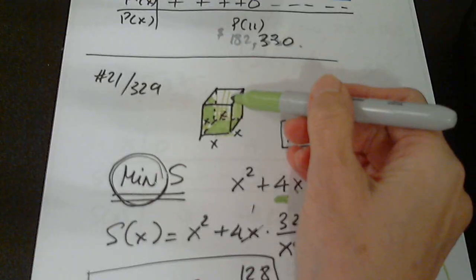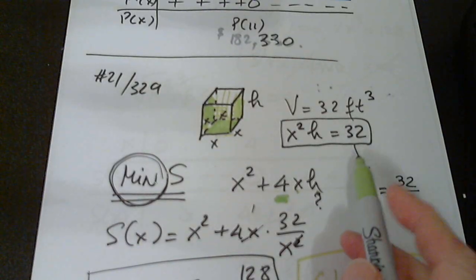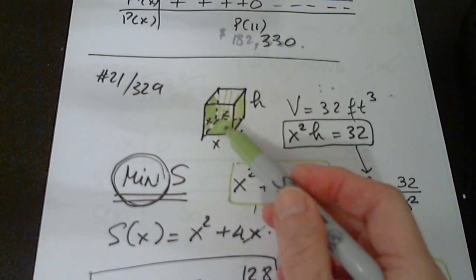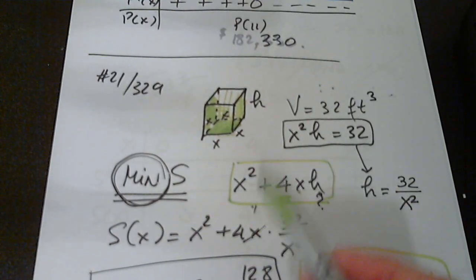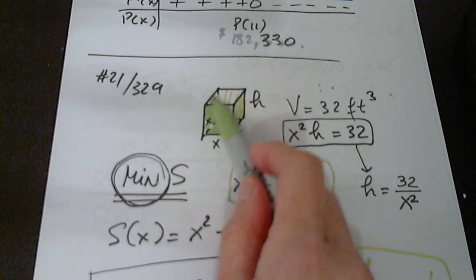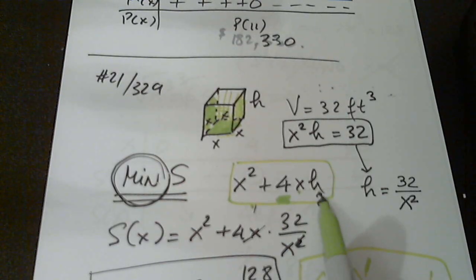It says, let me read it again, it says open top, square-based rectangular metal tank that has this volume. So the surface area will be the area of the base, which is x squared, plus 4 sides, 1, 2, 3, 4 of the same area, 4 times the base times the height.